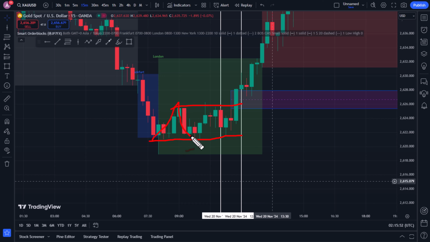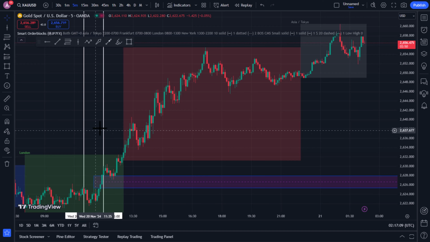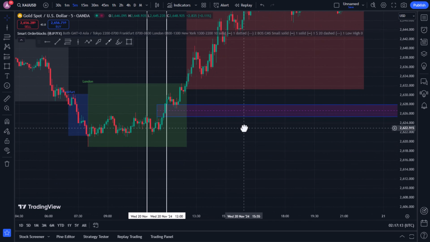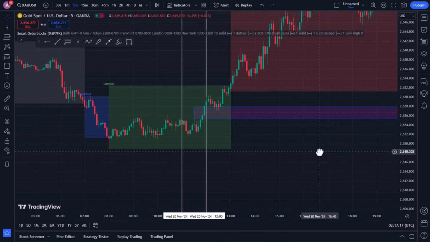As you can see, it went up, came down, went up. Then price broke through that level right here, then gave you a fair value gap. You enter into your trade, and boom, there you go. So this is how simple it is. A very simple trade, or a very simple analysis. You can understand this within a couple of moves, right?